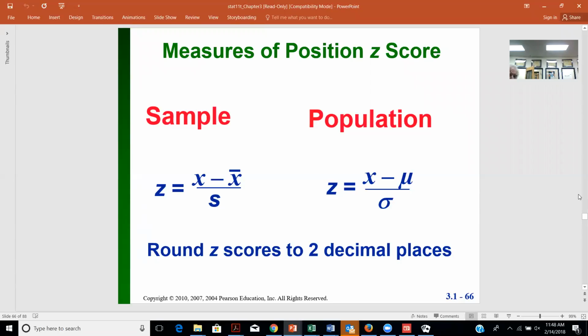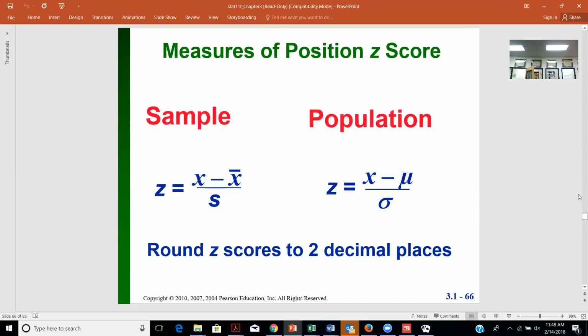But we do this. So what happens is a z-score for any value. When we talk about a z-score, it tells how far from the mean any one value of the data lies, and it's calculated for a sample, and we have the analogous calculation for a population.